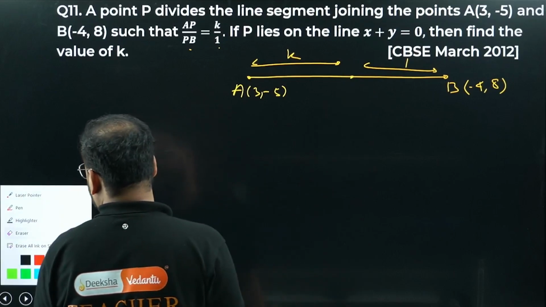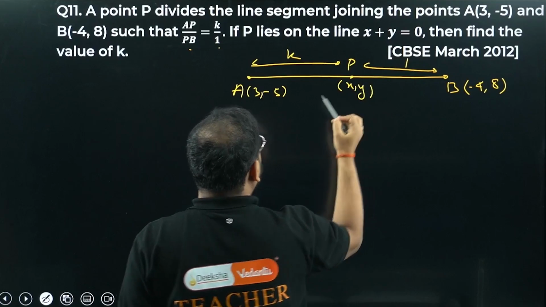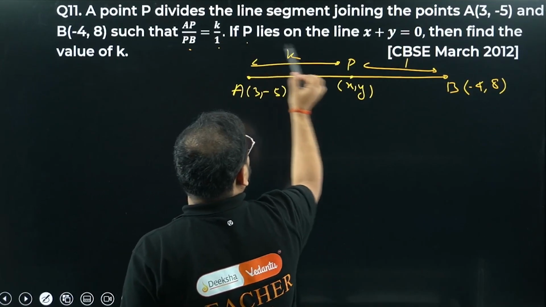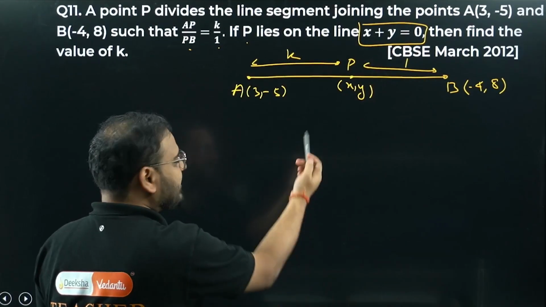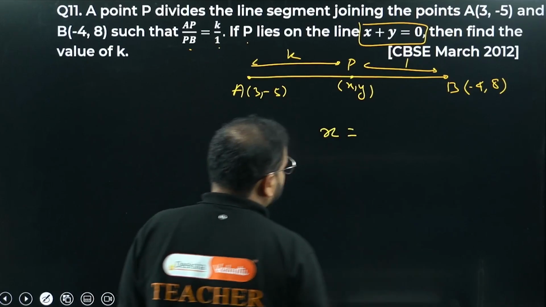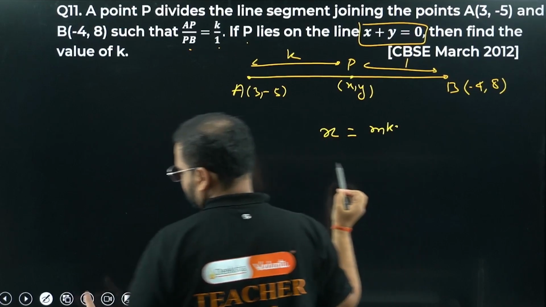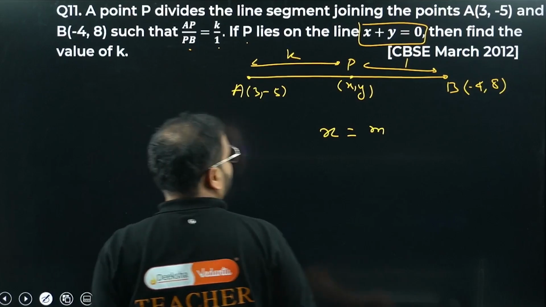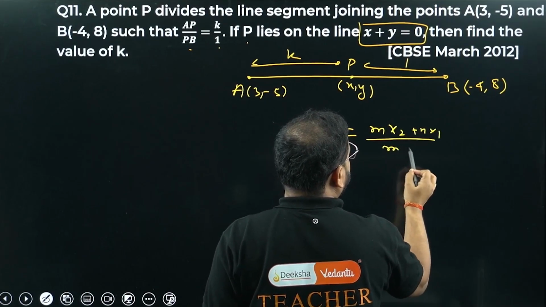Let's take the point P's coordinate to be x comma y. They're saying that this point P lies on this equation x plus y equal to 0. Then find the value of k. Let's find the x plus y first. X is equal to the formula mx2 plus nx1 upon m plus n.